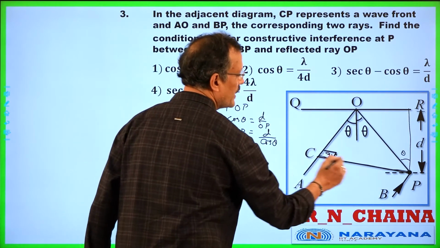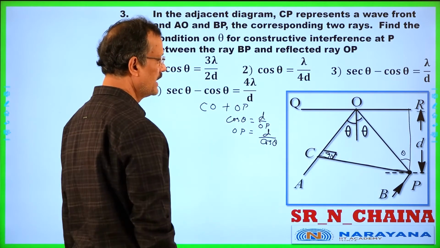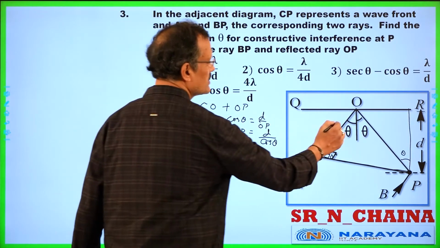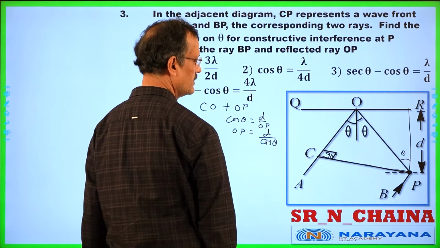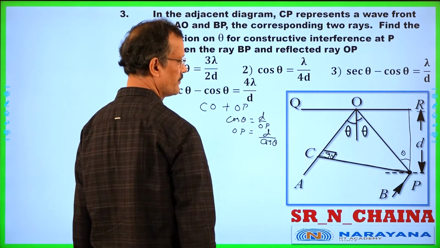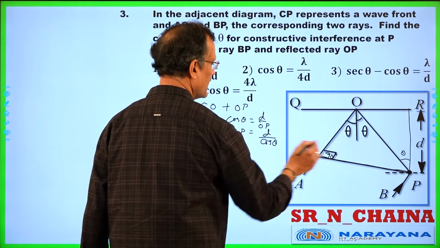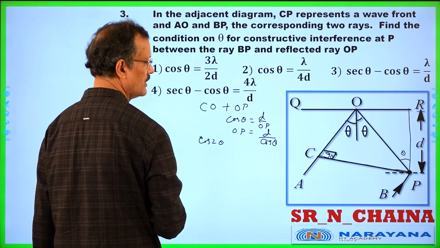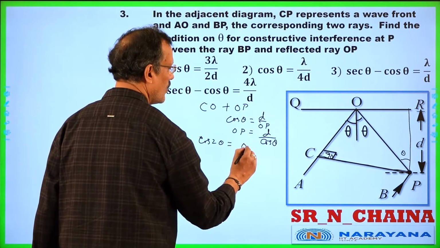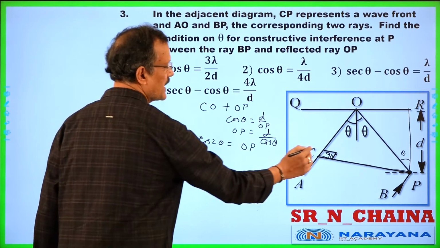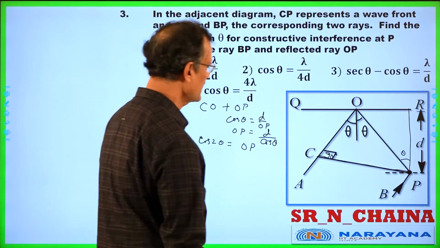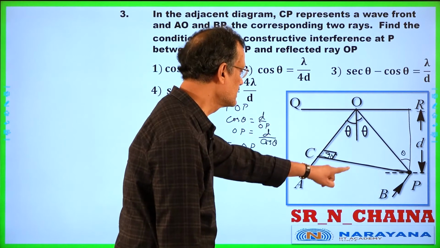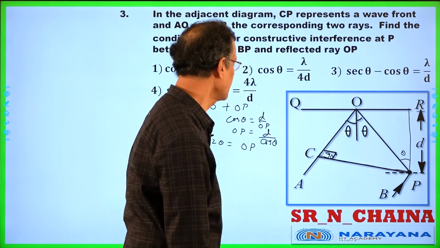And this is also a right angle. In this right angle, this acute angle is 2 theta. I want OC. So you will be checking here, cos 2 theta. Right now, this angle is 90 degrees. You take this as the normal, this as the base.